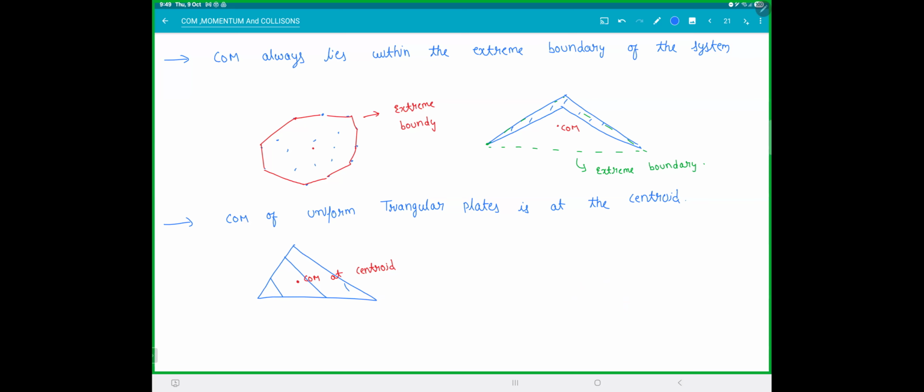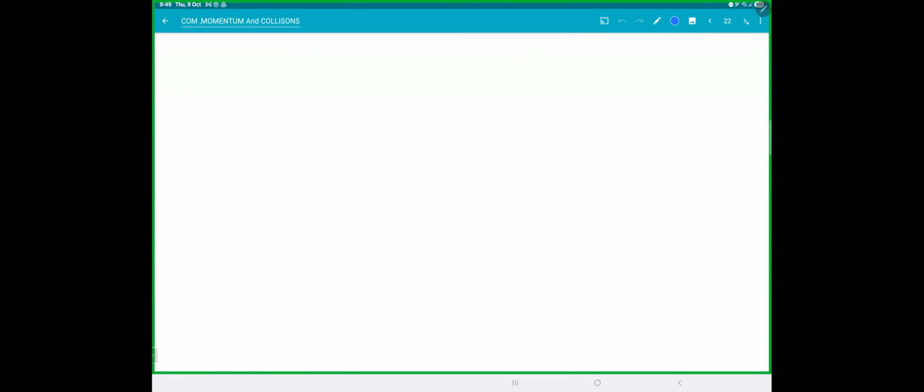So let's start off. What if you have a weird shape, like there's no symmetry, nothing? Then this is how you find a center of mass.